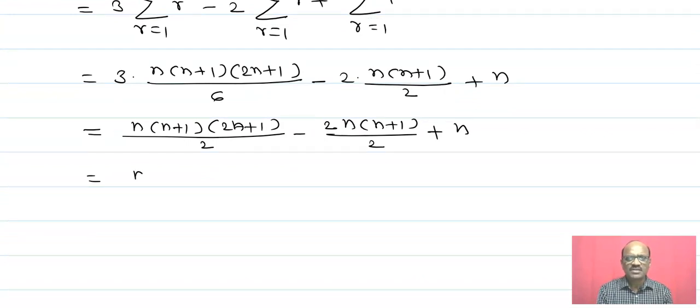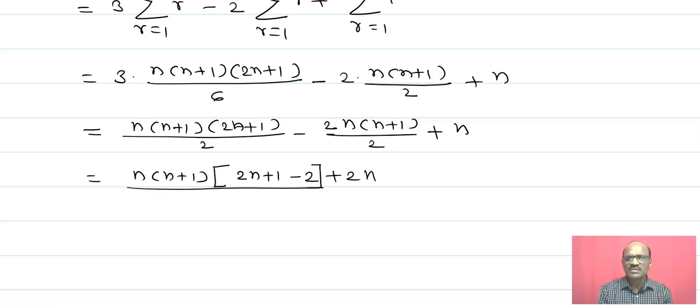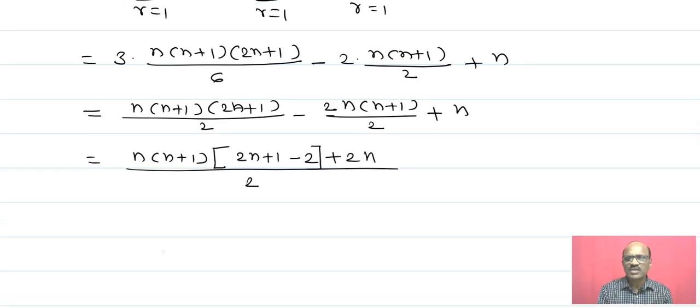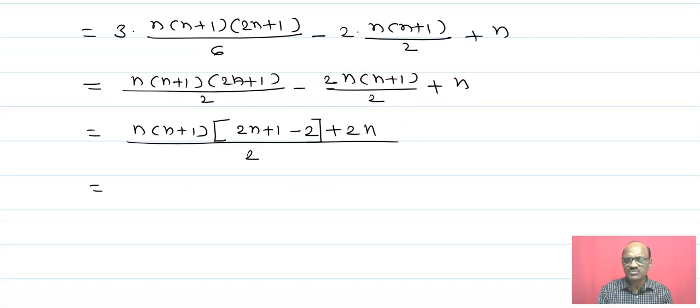Now that is n into n plus 1 bracket complete, that we had done, the n into n plus 1 is common, that is 2n plus 1 minus 2. The first is minus 2 and the last term is 2n because we are multiplying also n by the 2.